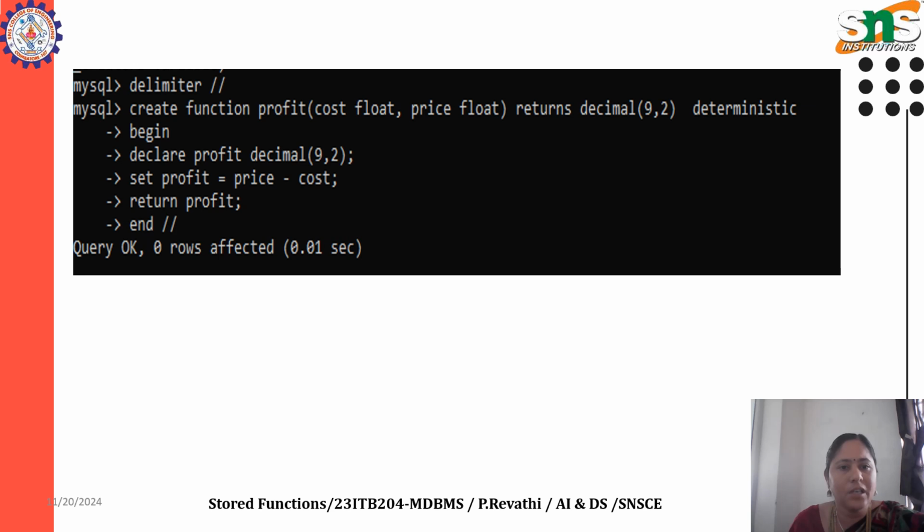Begin, declare profit decimal 9 comma 2. Here the variable name is profit, then the data type is decimal, and then you have to mention the size 9 comma 2. Set profit equal to price minus cost. So we are going to calculate the profit for the book. Then after that you have to return the value. So return profit.